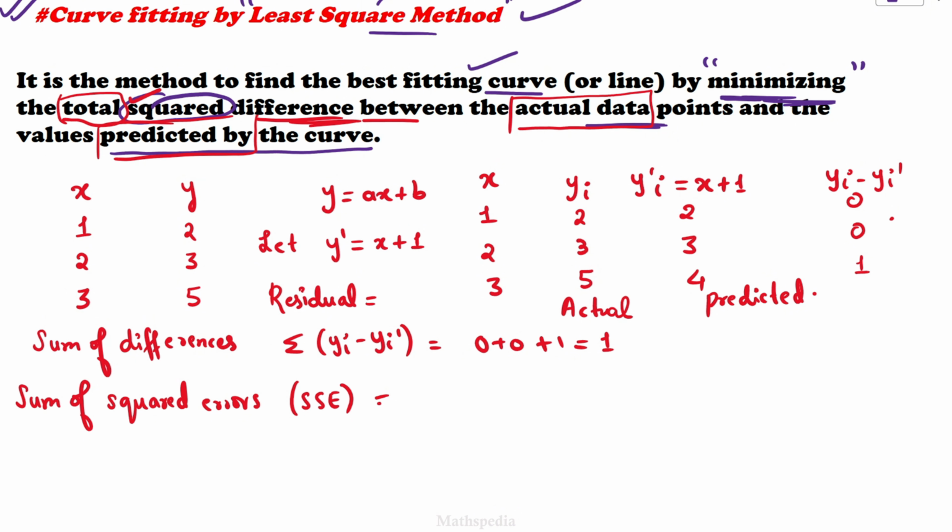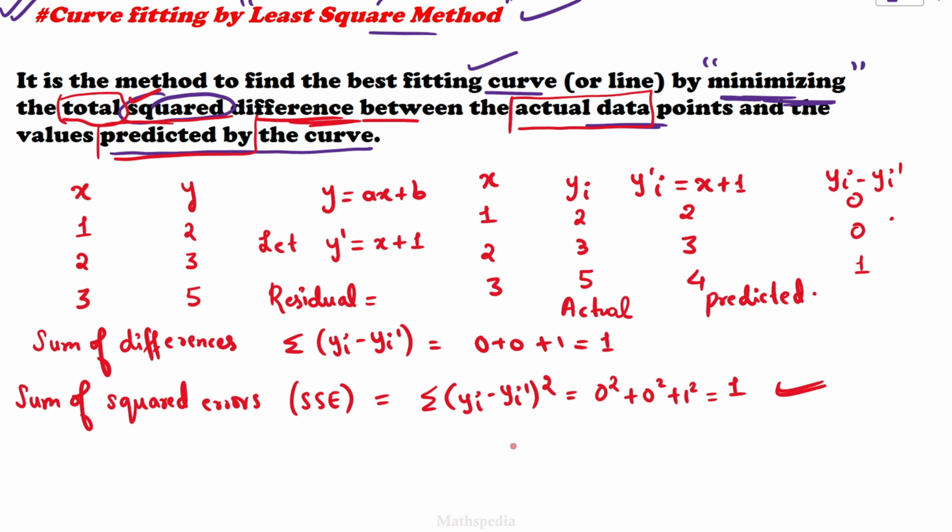Okay, so what is the sum of squared errors? It is basically the sum of y i minus y i dash, and we have to square it. After squaring, individually you can square and just add it up, right? So you'll be getting it as 1 itself. This sum of squares is basically what we are targeting.